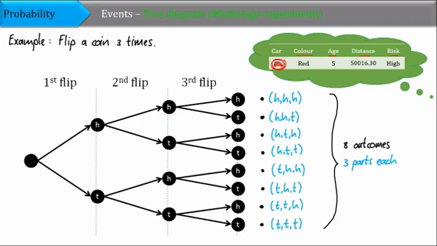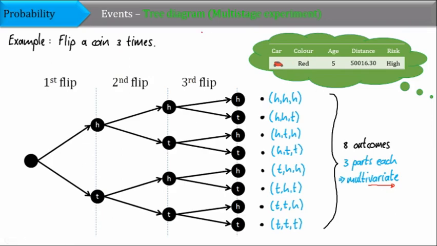Because each outcome, okay, you can think of this as my outcome, had four things describing it: the color, the age, the distance, and the risk. So you should notice the similarity between these two. So that's why here we say that we have multivariate data, because we have three things describing one outcome.